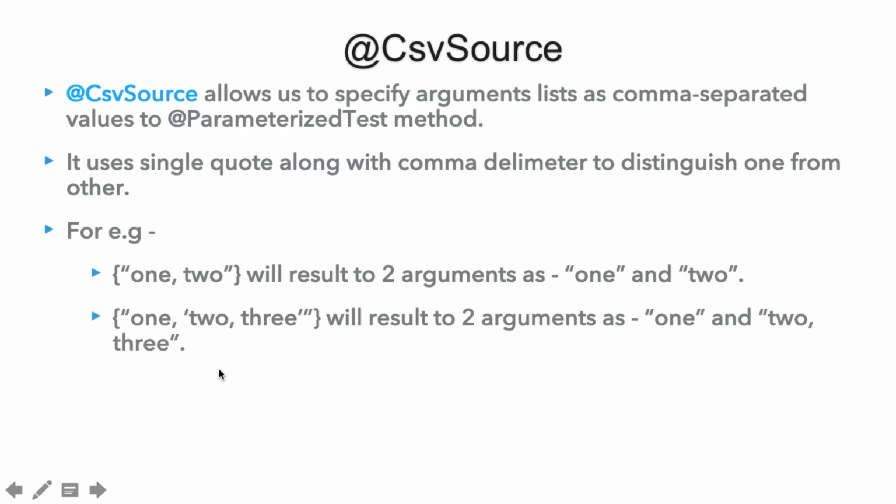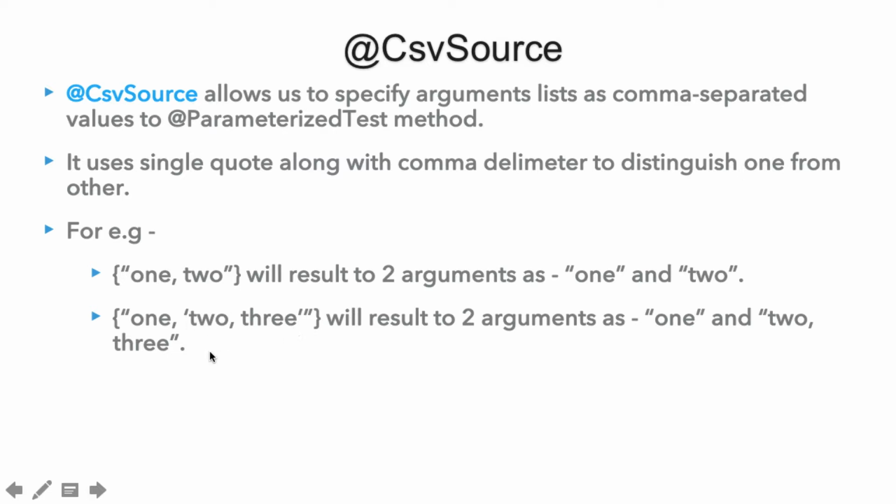Here in example 2, you can see that this value will result in two arguments. So here you can see that @CsvSource is distinguishing between these two values based on the single quotes and comma. The first argument has the value 1, then there is a comma, and after the comma there is only one value which is in single quotes.